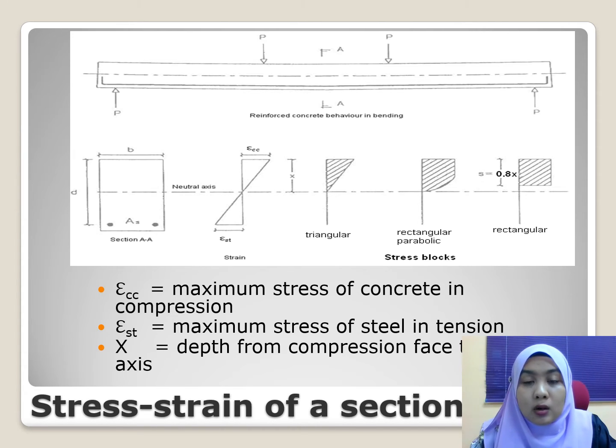This is the compression stress in concrete. Then when the concrete reaches its maximum yield strength, it will react like a plastic, so the strain is constant but the stress increases. That is why we get the rectangular parabolic stress block.